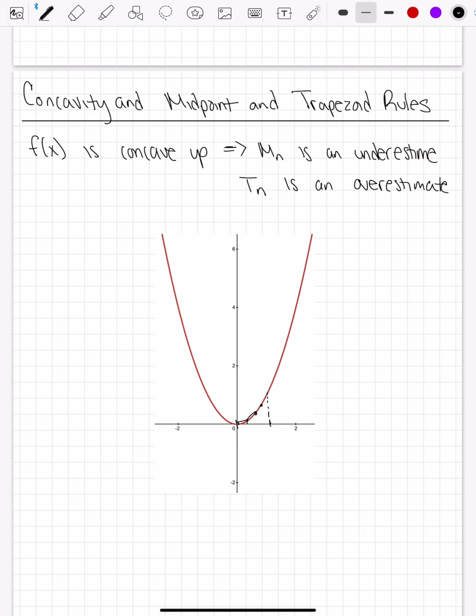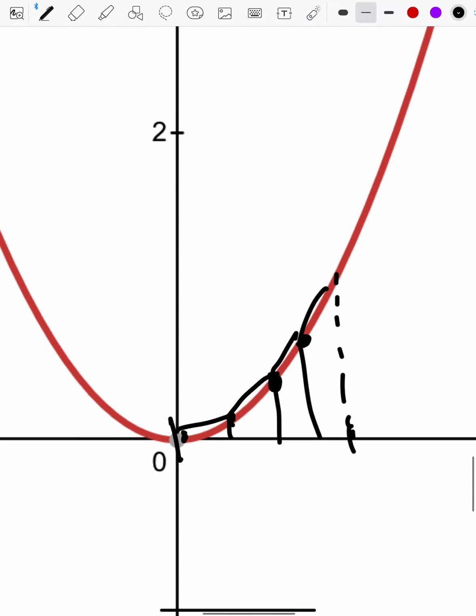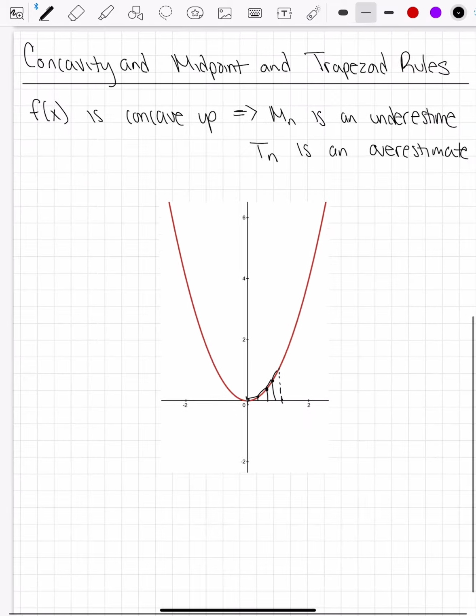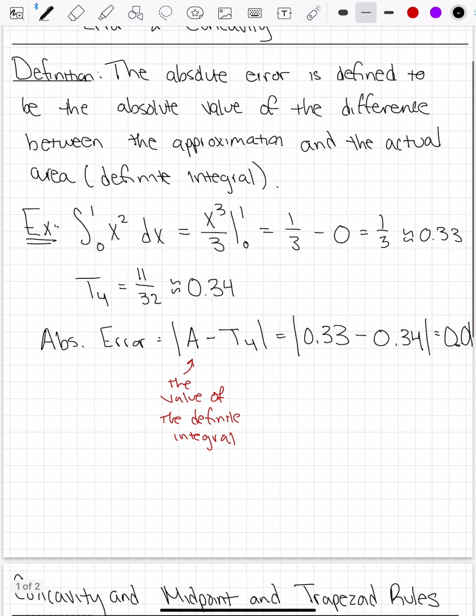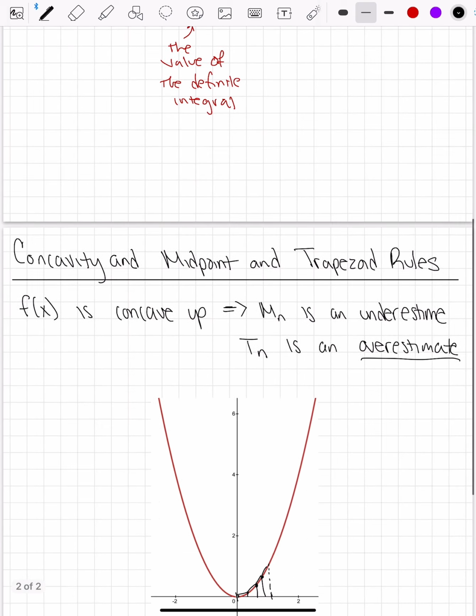Since the right point is higher, then when we connect these, there's gonna be a little bit of space above, giving us an overestimate, which we saw here that the T4 that we got was greater than the actual area, which was 1/3. So we know that's true.